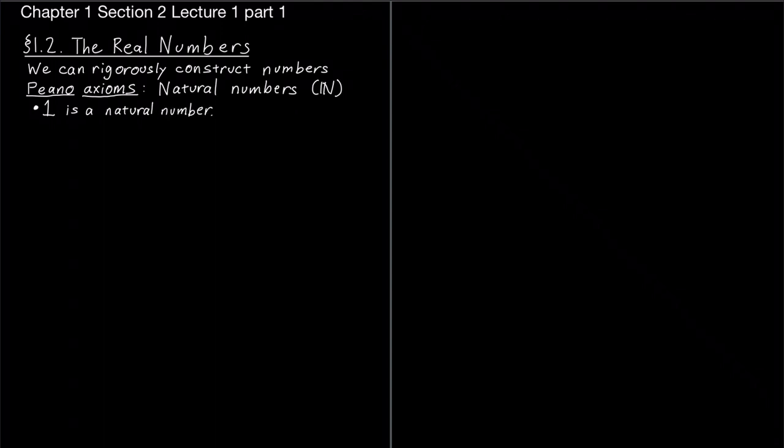It's just this object we've got. And then we're going to declare that every natural number n has what we call a successor, S of n, which is also a natural number.